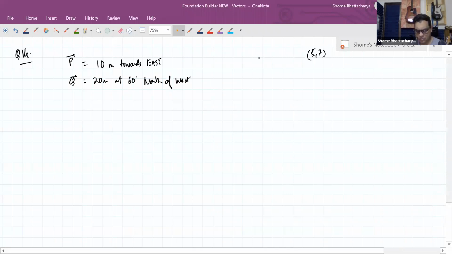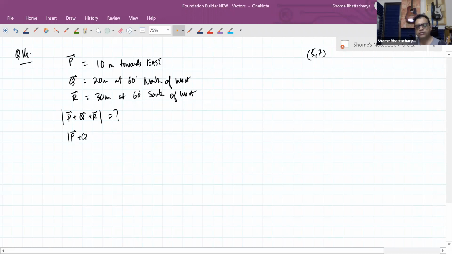And finally, R is a displacement of 30 meters at 60 degrees south of west. So we have to find P plus Q plus R, that's one thing we have to find out. And we also have to find P plus Q's magnitude, because the options are accordingly.